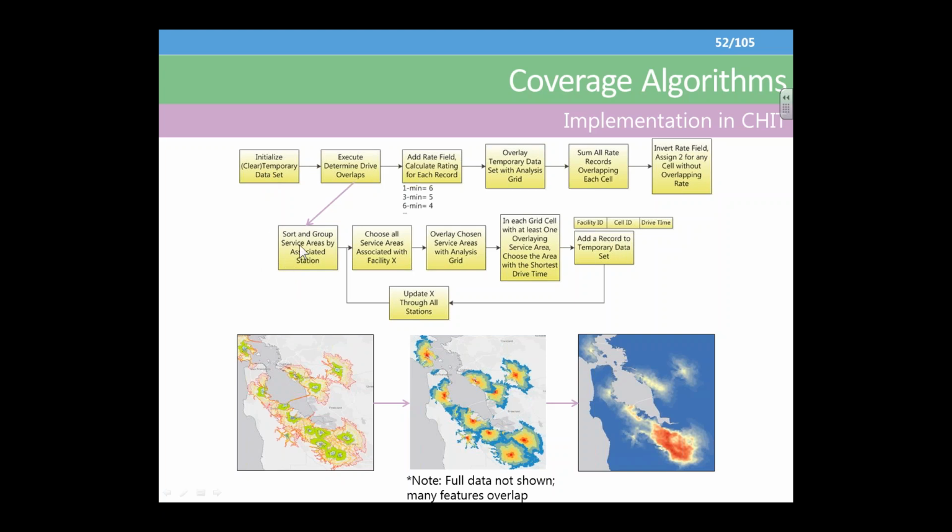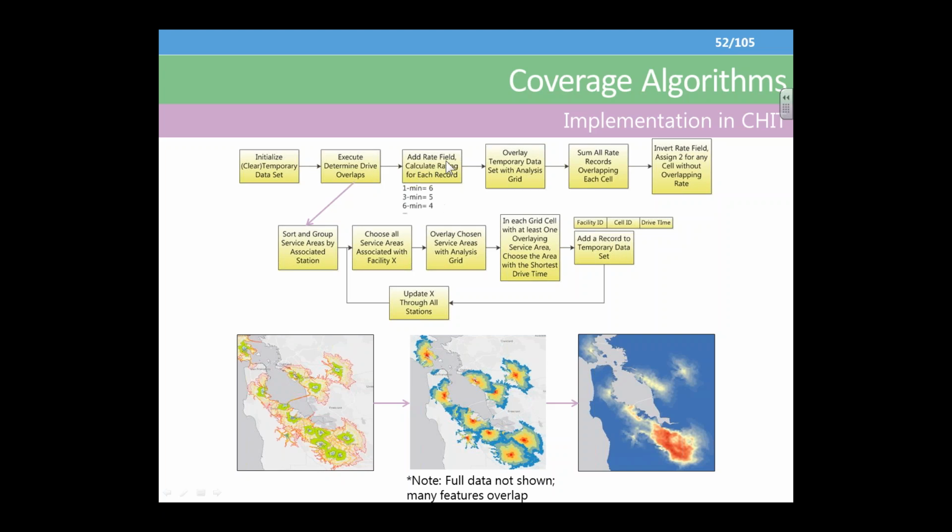So it picks the Woodside station, say, looks at all those service areas, overlays that analysis grid, and picks the shortest service area in every cell that overlaps with that station's service area. Then it creates a record of which station overlapped it, what cell that is, and the shortest drive time that overlapped that cell, and you go through all 51 stations.